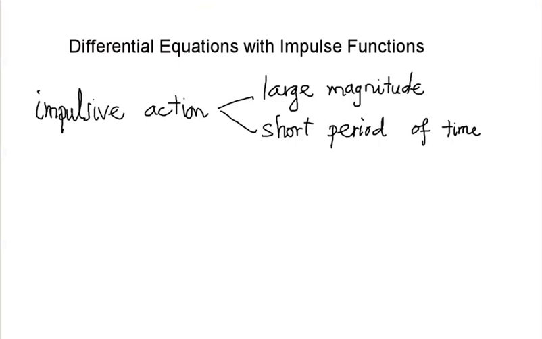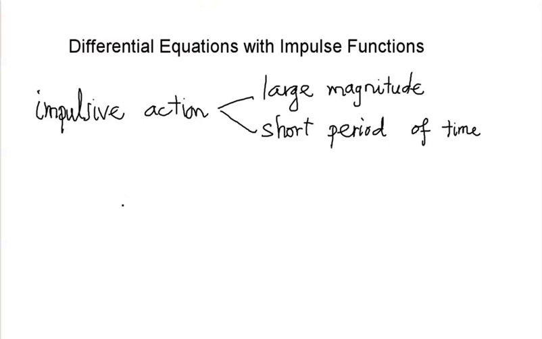As an example, in nature, when we push a swing, at a certain time we push a swing and we give a large force, but in a very short amount of time. Similarly, if we use a hammer to hammer a nail, then the same thing happens. Large force, but acting on a very short period of time.